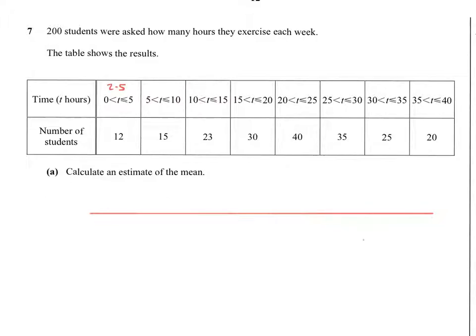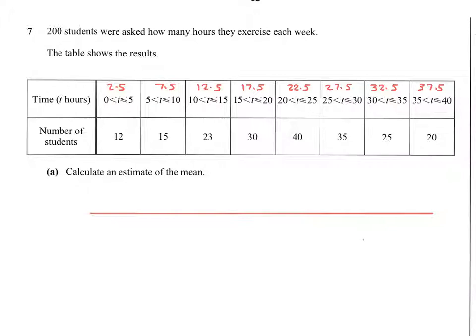For the second group, 5 plus 10 divided by 2, 7.5. For the next one, 12.5. Next, 15 plus 20 divided by 2, so 17.5. Next, 22.5. Next, 27.5. Next, 32.5. Last, 37.5.